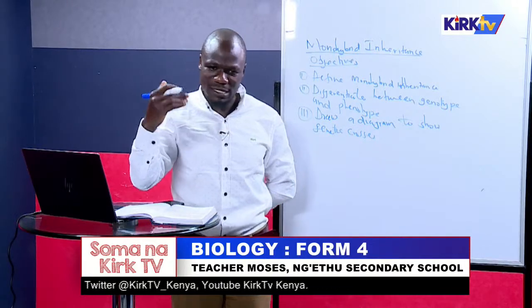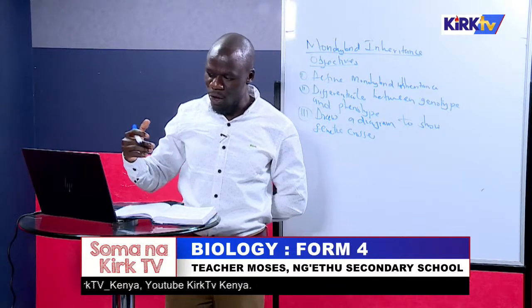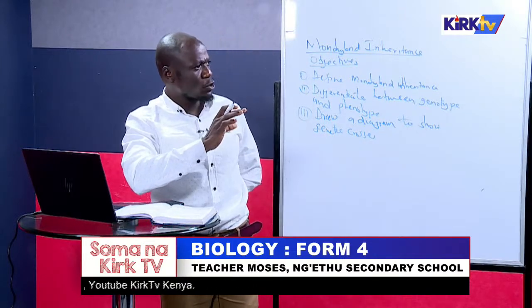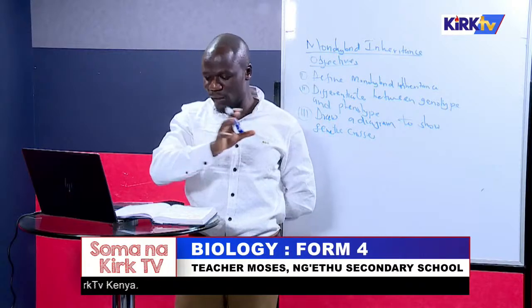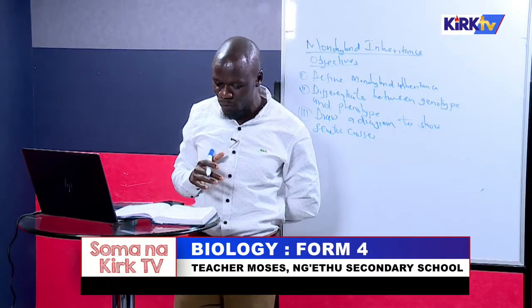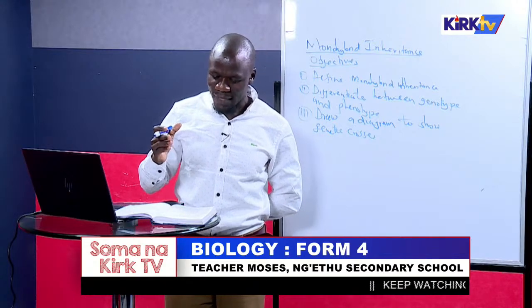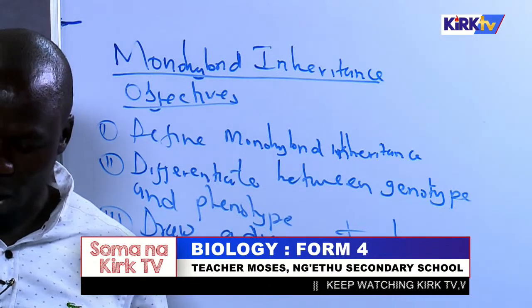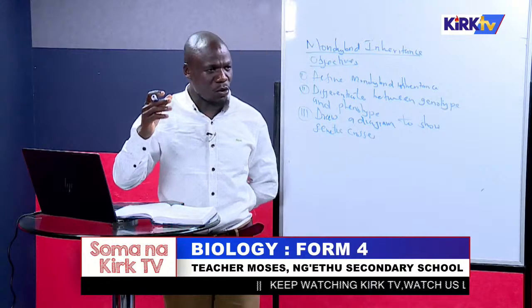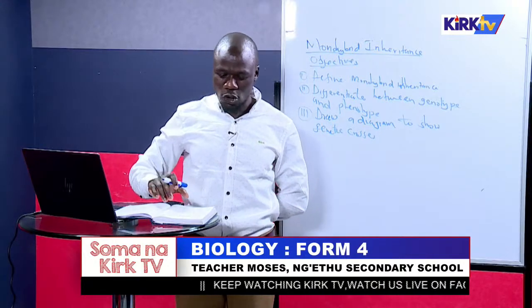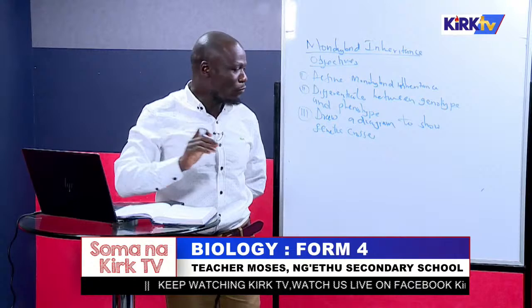For them to be passed from a parent to the offspring, there is one that is supposed to come from the male side, and one from the female side, and they must be passed in pairs. That is why I refer to monohybrid inheritance as the passage of a single characteristic controlled by a pair of genes.